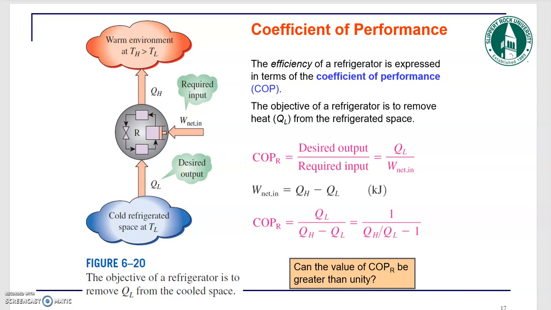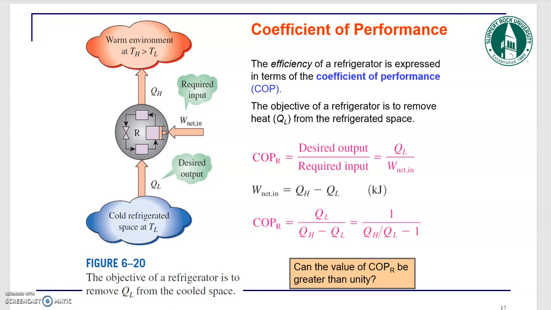The reason for that is that the coefficient of performance could be higher than 1, but efficiency, based on common practice, is less than 1. So the reason that they move from efficiency to a coefficient of performance is that coefficient of performance could be more than 1, and usually it's more than 1, and efficiency is less than 1. But the definition is the same.